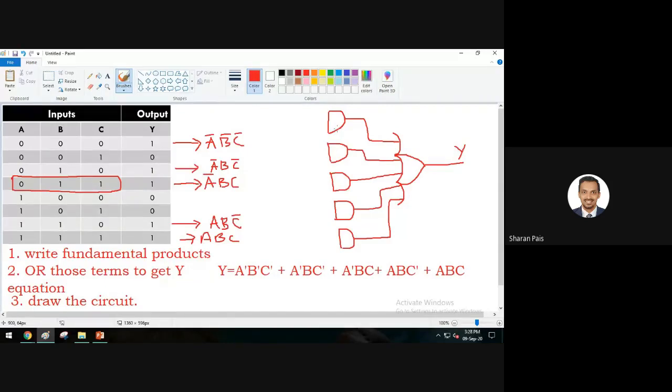So for the first one, we are having 3 inputs: 1, 2, 3. First one is A bar, second one is B bar, and third one is C bar. Second, similar like that only you write it for the remaining. That is the circuit.